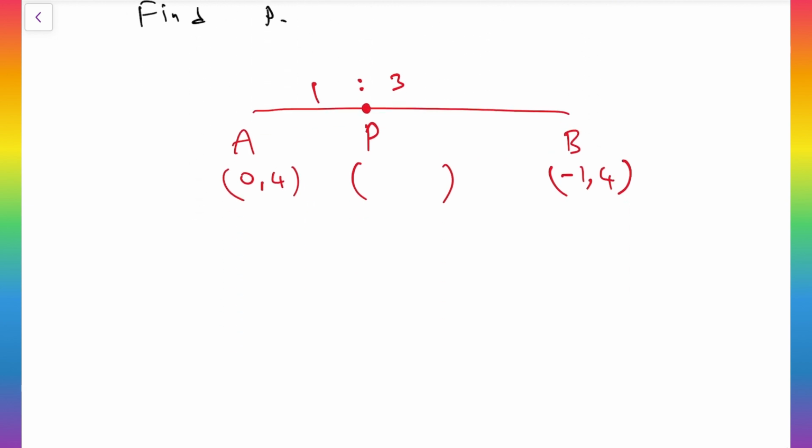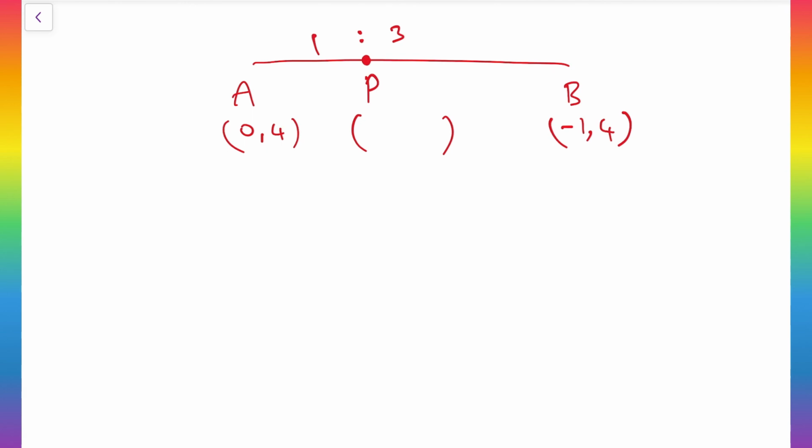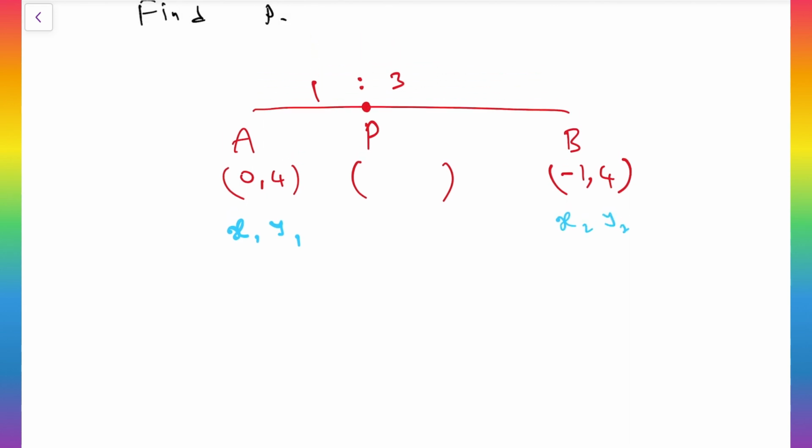So for this one we have one formula, that is section formula. This as usual we will take it as x1 y1 and x2 y2 only. And this ratio we will take it as m1 m2.